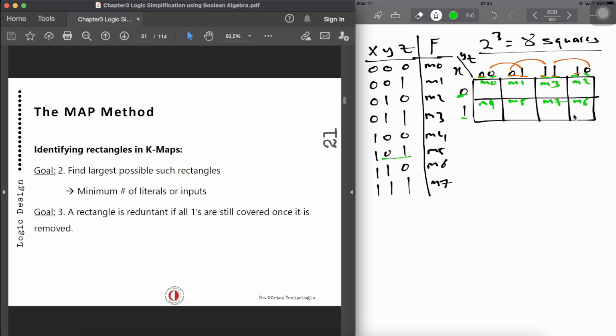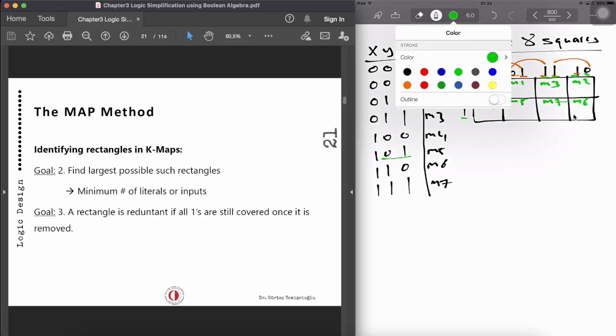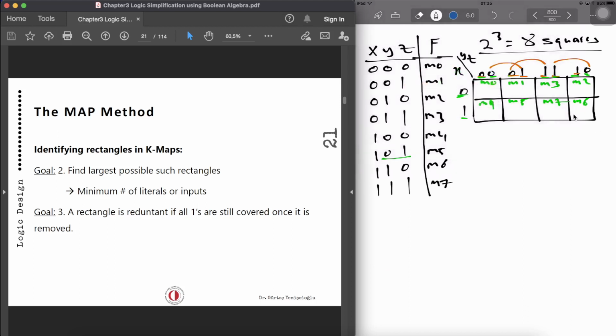Then, another thing that we need to know so that we can derive the expressions is how we are going to do the combinations. Now, combinations can be 4 of those.